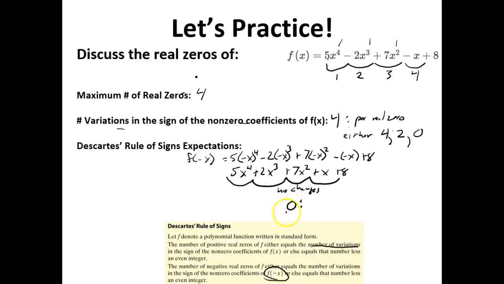Well, we're not going to have less than 0 real zeros. So our expectation here is there are no negative real zeros, which means if we're looking for real zeros, all we have to do is look at positive numbers.